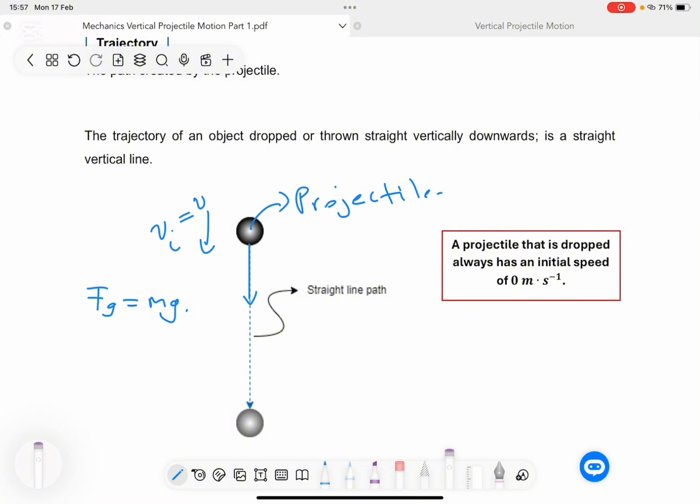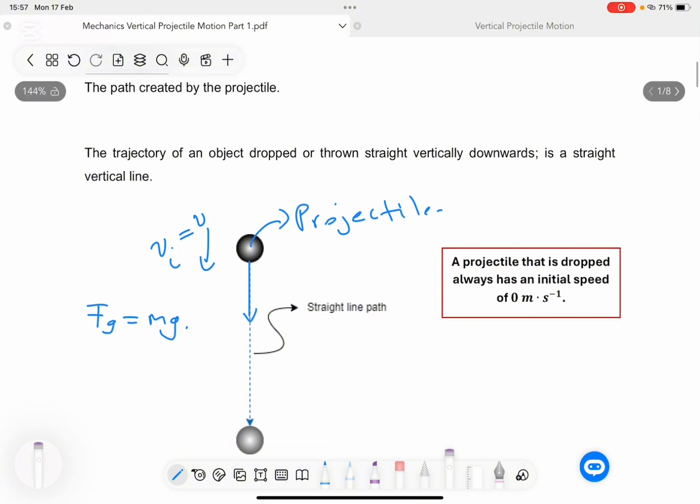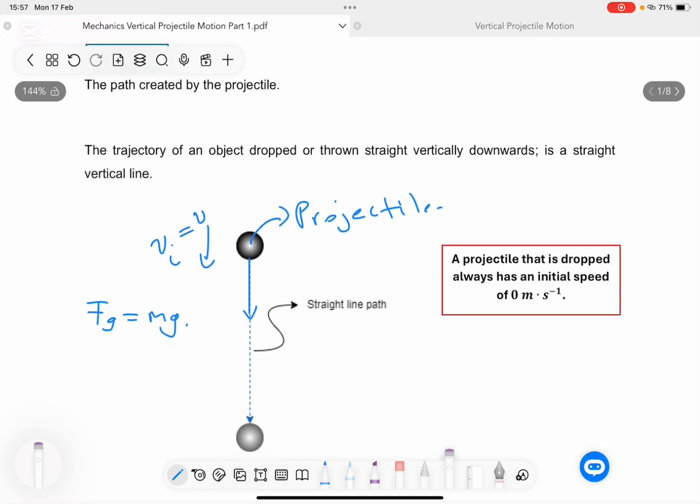Now, when this object moves and goes vertically downwards, you should notice that it will be displaced from this point and it will come to this final point here. It will then leave a trail, or create a path that moves like this, right? That trail is going to be a straight line path. So this is the path that is created by the projectile.